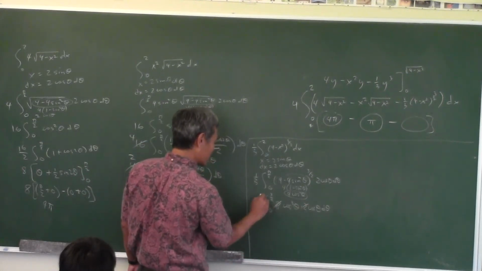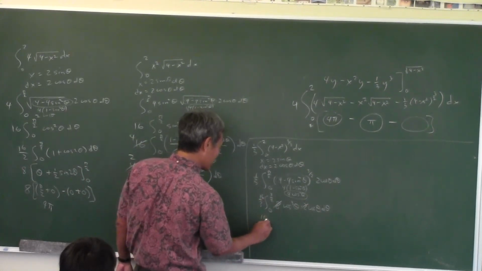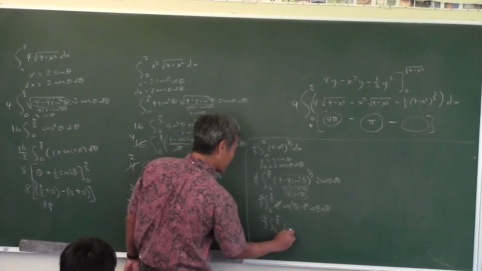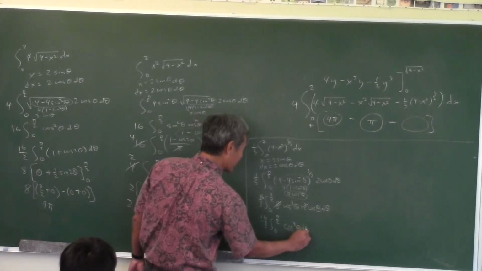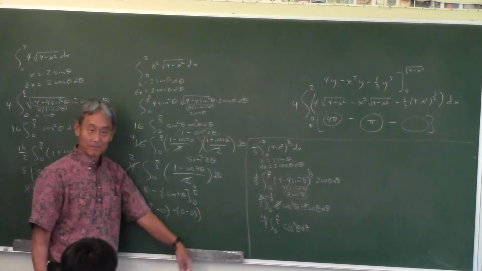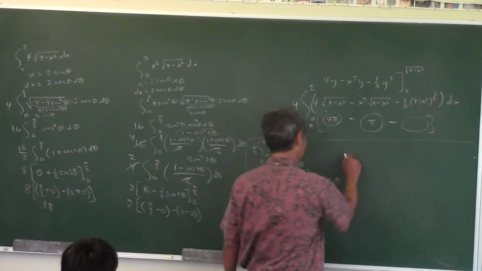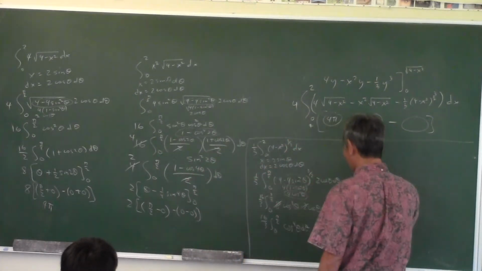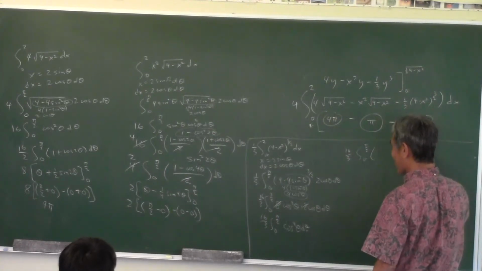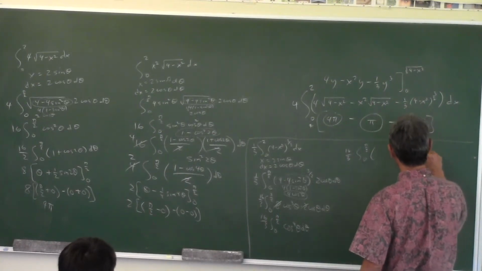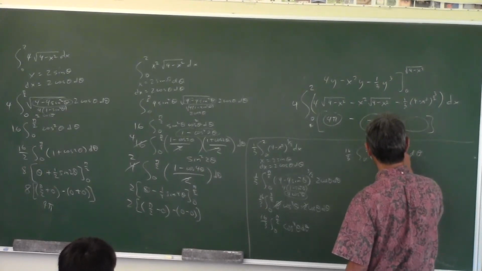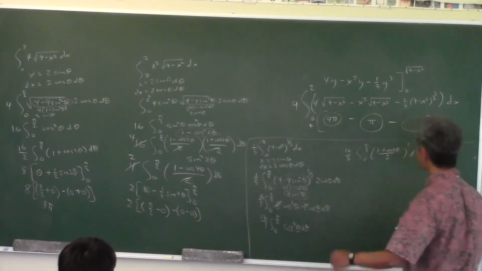So this goes 16 over 3, 0 to pi over 2, cosine to the 4th theta d theta. We did that integral, remember, in the homework? How are we going to do that? The only way you can do cosine to the 4th is cosine squared squared, so 1 plus cosine 2 theta all over 2, squared.